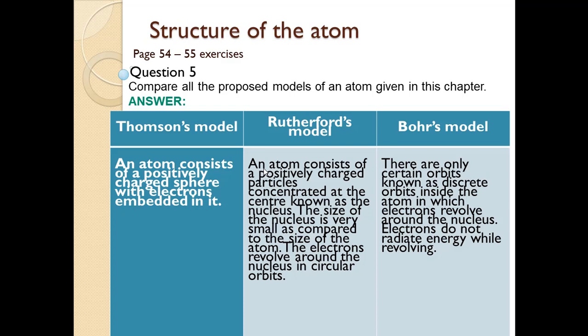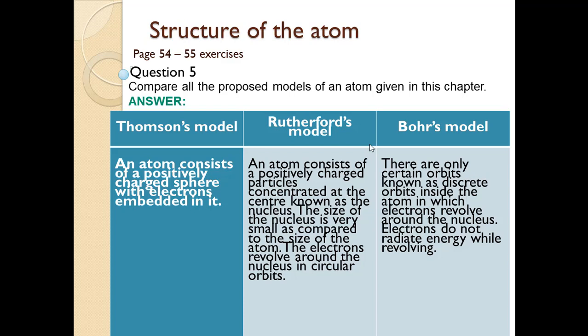Okay, what about Thomson's model? In Thomson's model, an atom consists of a positively charged sphere with electrons embedded in it. In Rutherford's model, an atom consists of positively charged particles concentrated at the center, known as the nucleus. The size of the nucleus is very small compared to the size of the atom, and the electrons are revolving around the nucleus in circular orbits.